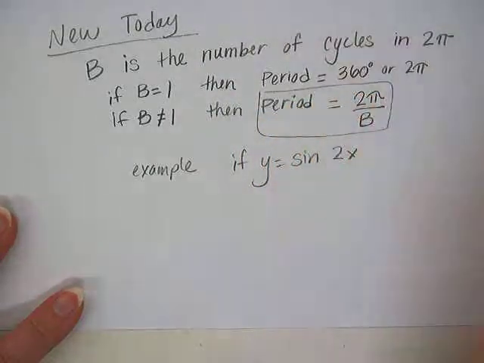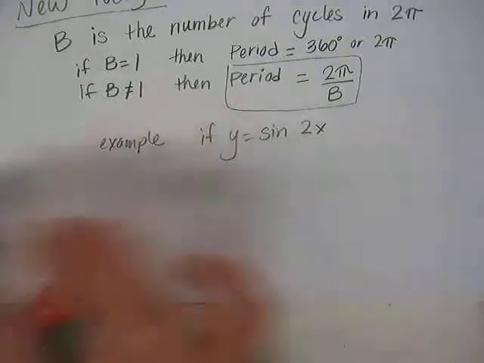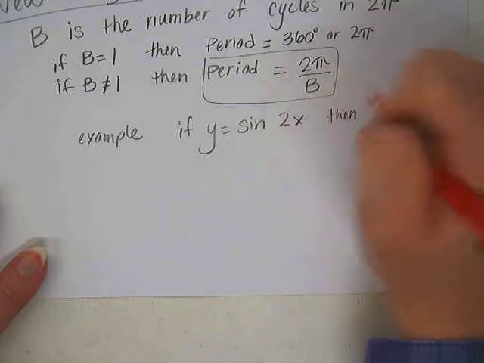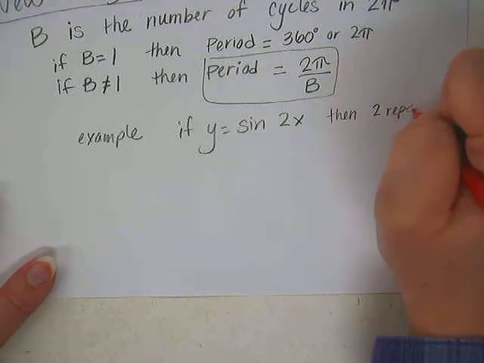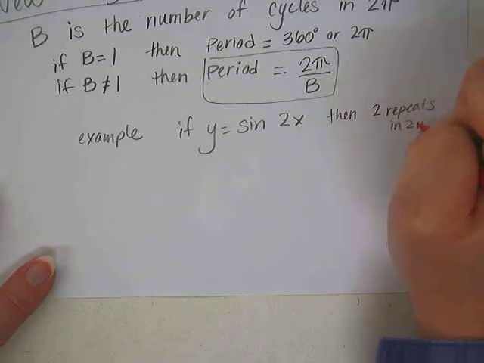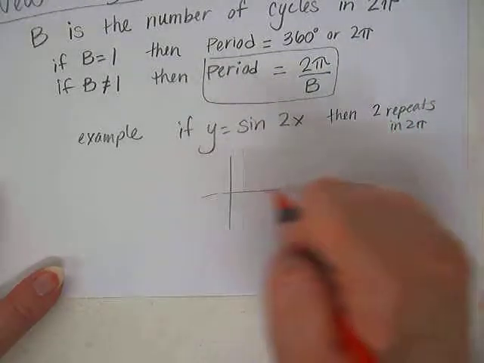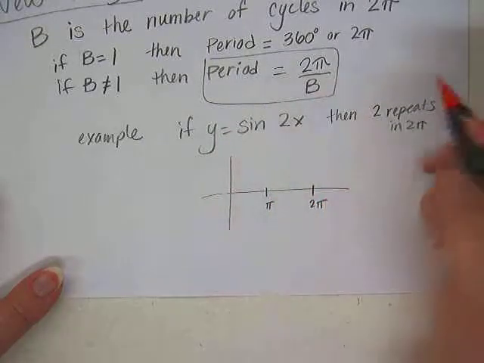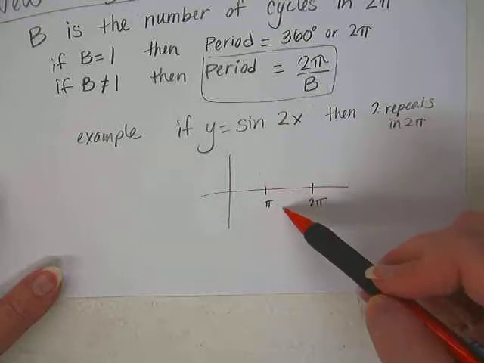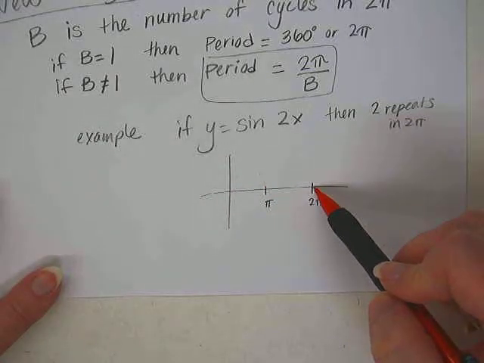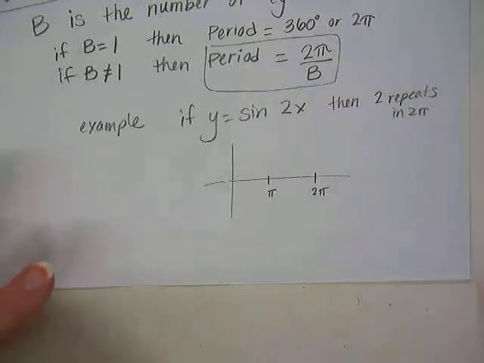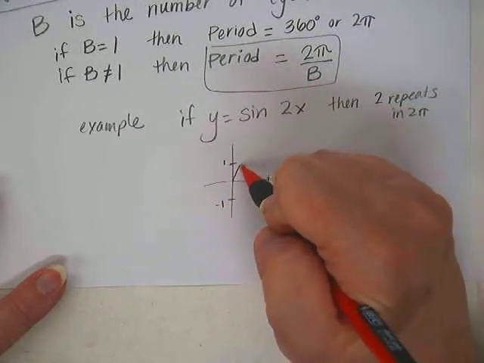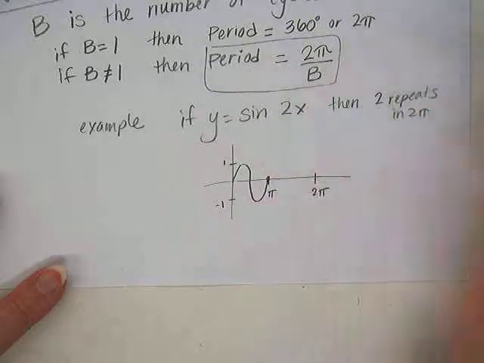Okay, let's do a quick example. So, if y equals sine 2x, I just made b 2, everything else is standard, correct? Then that means 2 repeats in 2 pi. So if we sketch that graph and we go from pi to 2 pi like we normally do, this time instead of going up and then down and then back to 0 in 2 pi, what has to happen in order to get our 2 repeats in 2 pi?